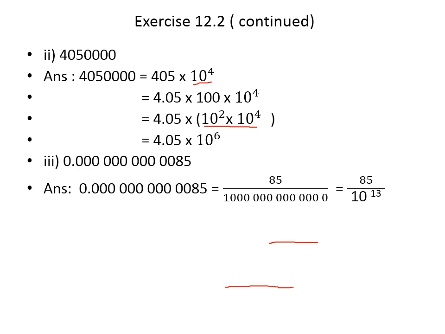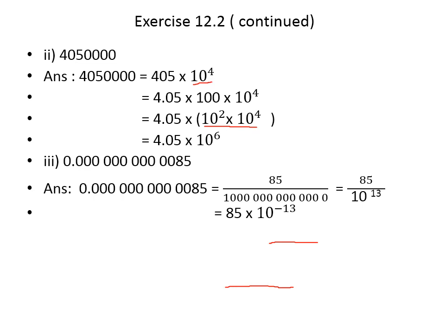So this can be written as 85 as it is divided by 10 raised to 13. Now if you take this 10 raised to 13 to the numerator, there will be a change in the sign, which is equal to 85 as it is into 10 raised to minus 13.